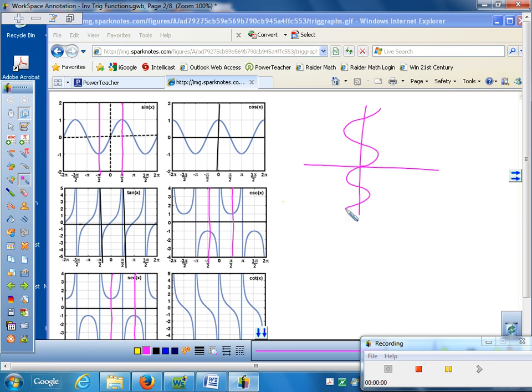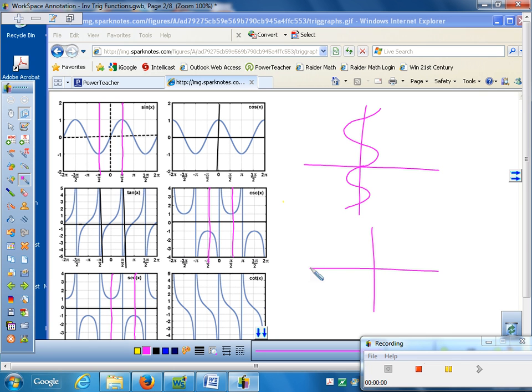These pink lines I drew at negative pi over 2 and positive pi over 2 chop off the graph of sine. Would that pass the horizontal line test? So when you do the inverse, it would pass the vertical line test. What that's doing is limiting your quadrants, but it's kind of weird, because it's limiting you between negative pi over 2 and positive pi over 2. So you've got to think about that one a second.